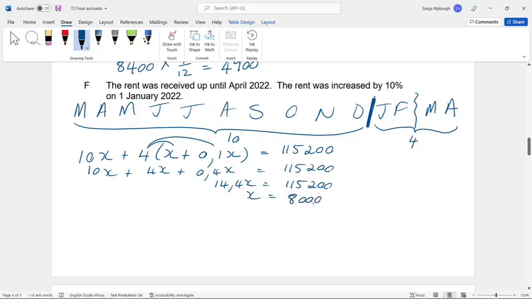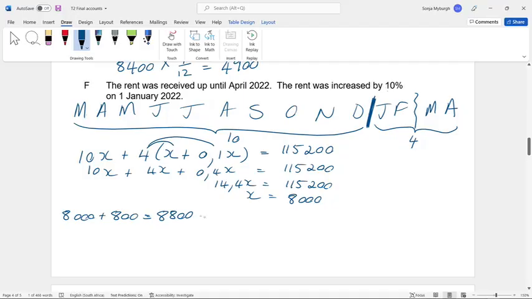8,000 per month, but that was the original. We want to calculate how much in advance, and that was after the 10%, and that will be the 8,000 plus 800. 8,800 per month. But that was in advance for 2 months.